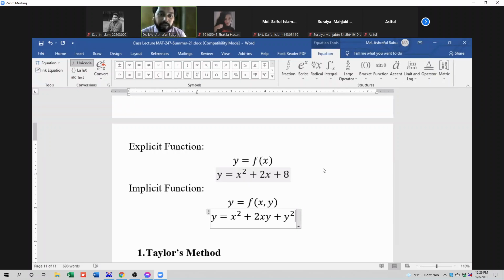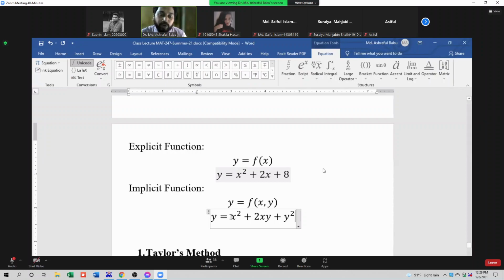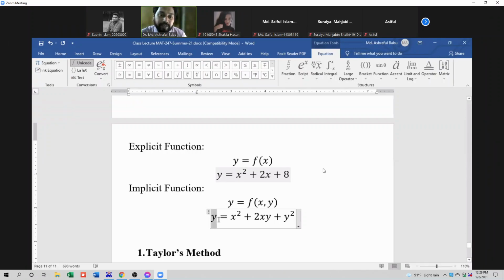So this is called implicit function because y is the dependent variable and x is the independent variable, and the variables are mixing in each other. So you should not write y equal to something. You can write equal to 1 or any other thing, or equal to 0, something like that. That's when the variables are not separated. Dependent variable and independent variable are not separated. They are mixing. That is called implicit form of function.